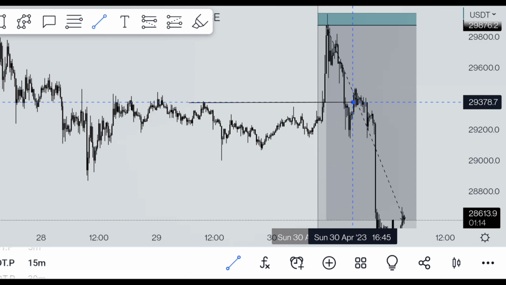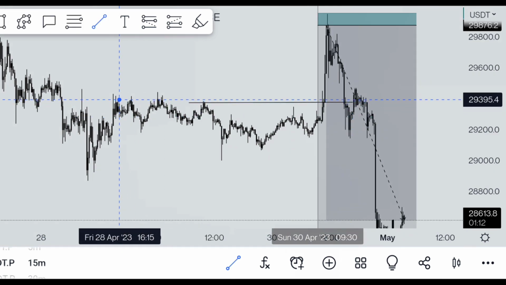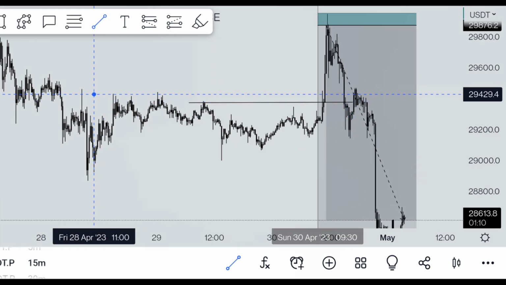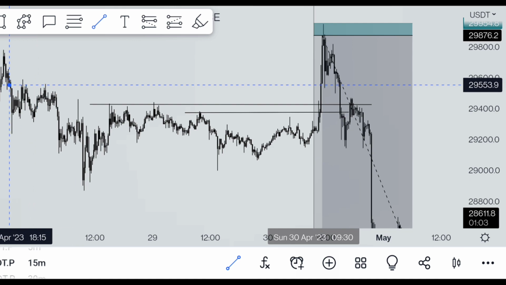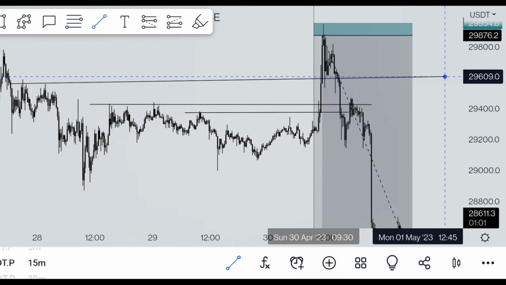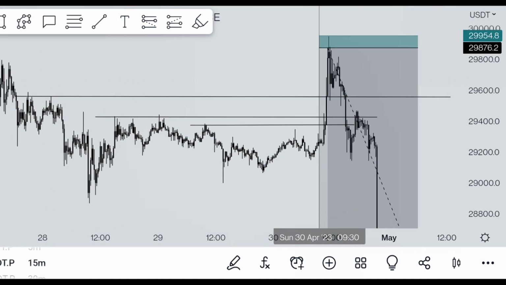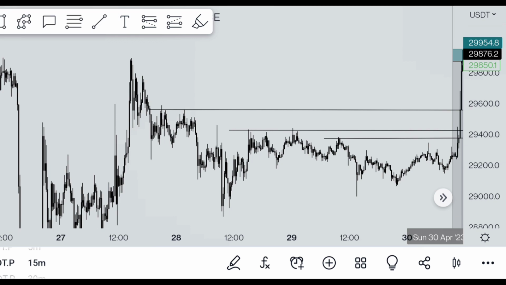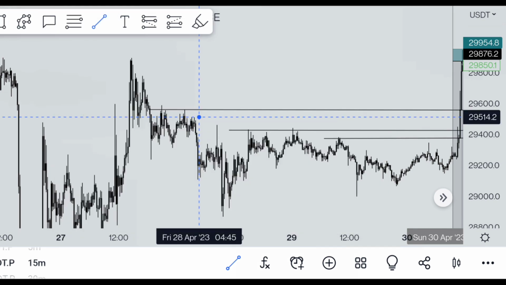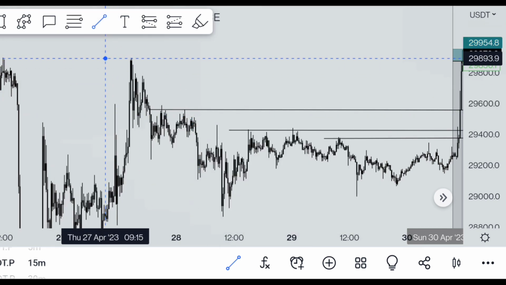We wait for any order block structure after the sweep of these swing highs. These are the structures. Also this is a swing high, and you can see this is also a swing high. This is another swing high.